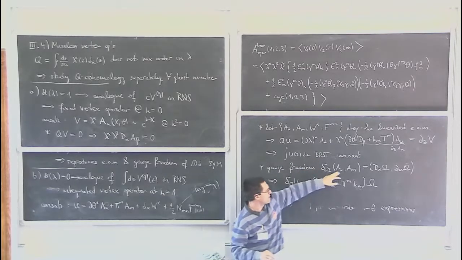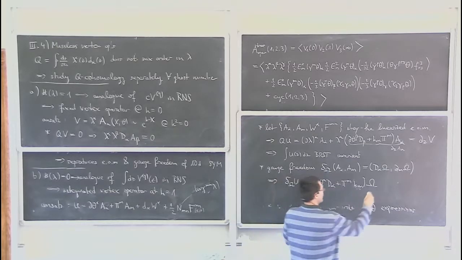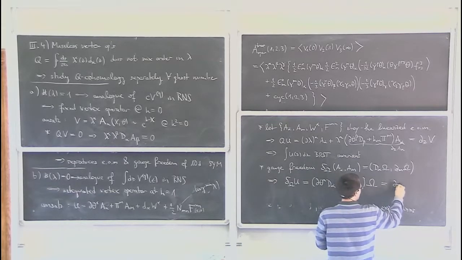What you get from this gauge freedom is once more a total Z derivative.